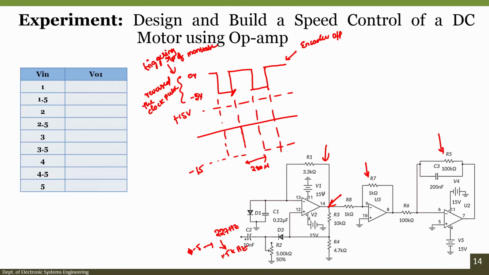So, this is 280 microseconds, and until we get the next triggering pulse, it was in the stable state, that means at plus 15, right.